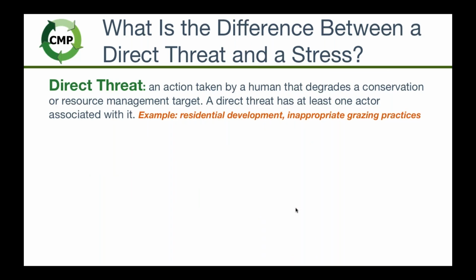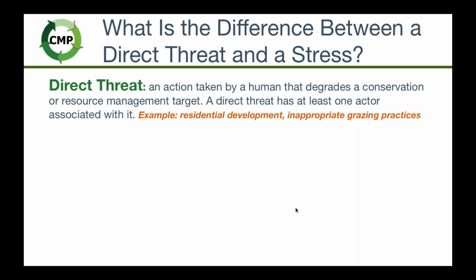So it's probably useful to just give you a very quick review of the difference between a direct threat and a stress. A direct threat is an action taken by a human that degrades a conservation or resource management target.